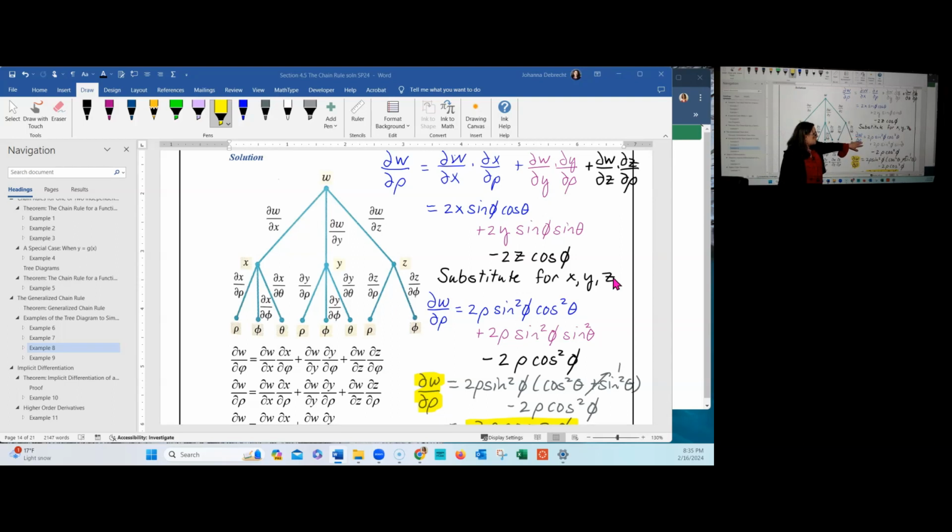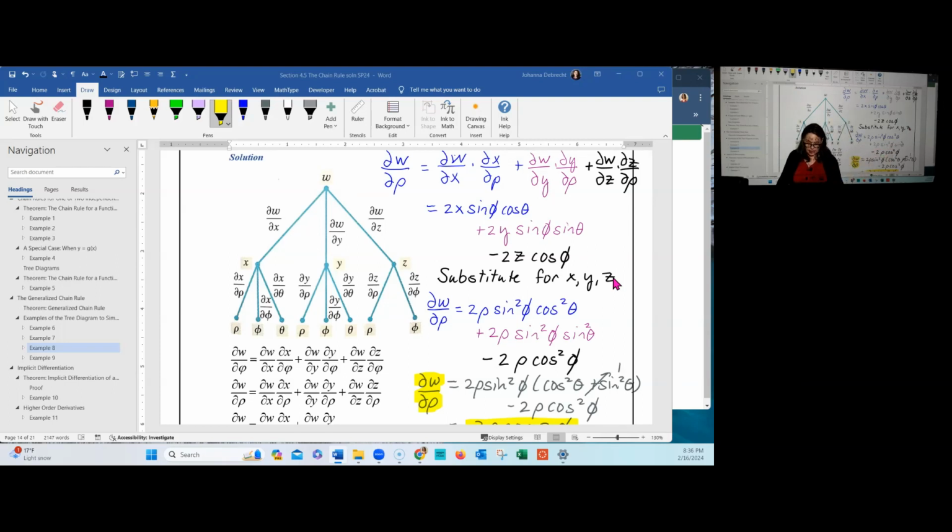of w with respect to rho being 2 rho sine squared phi cosine squared theta plus 2 rho sine squared phi sine squared theta, which means that these two terms will combine in a Pythagorean identity to give us 2 rho sine squared of phi. Then we have minus 2 rho cosine squared of phi.